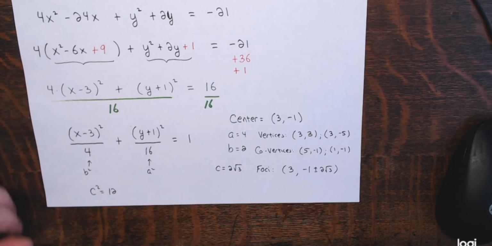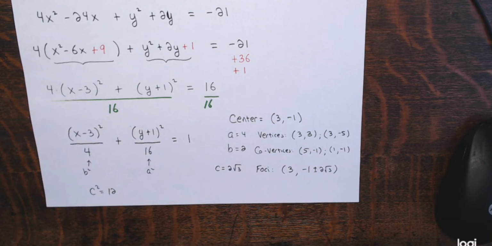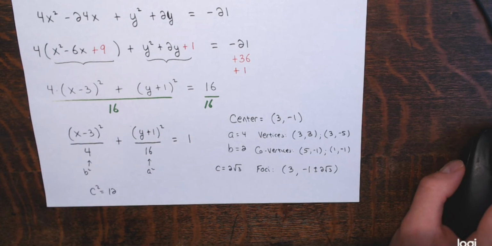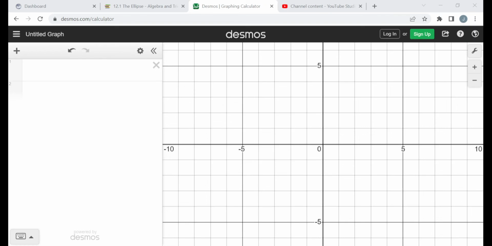Alright, and I'm just going to plug this in instead of drawing it. I know they asked me to draw it, but I've done 3 examples already. I'm just going to plug this into the Desmos calculator and see that those vertices and co-vertices are what I wrote down. Because if the vertices and co-vertices are correct, my graph by hand would be the same as what it's supposed to be. Okay.